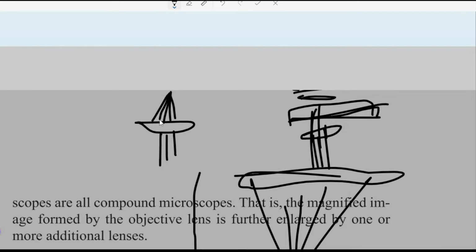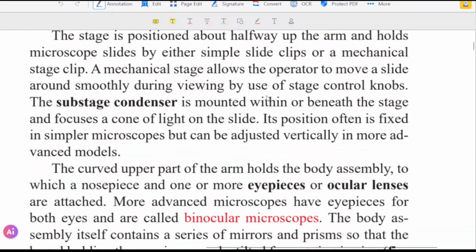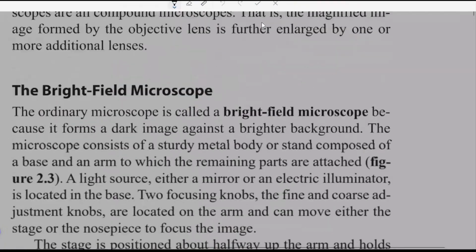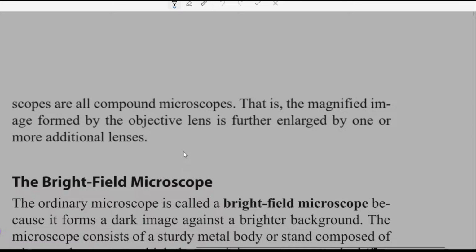And we know that the smaller the focal length, the better the magnification is. So that's how, oh, I wanted to show you how the narrowing works, how the condenser works.